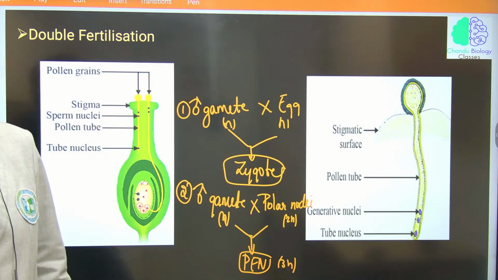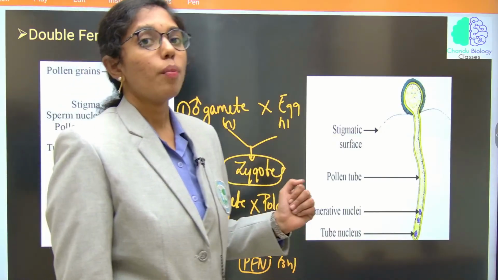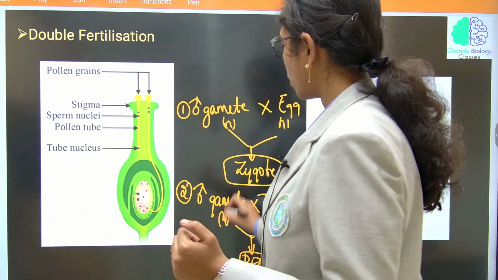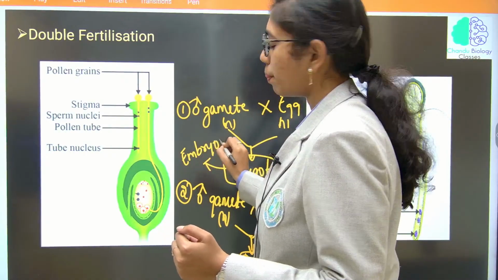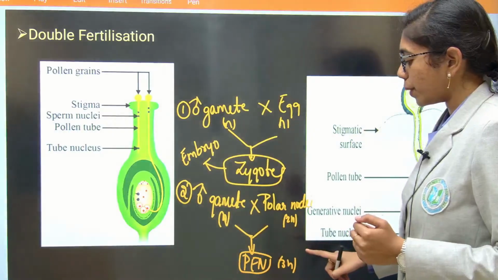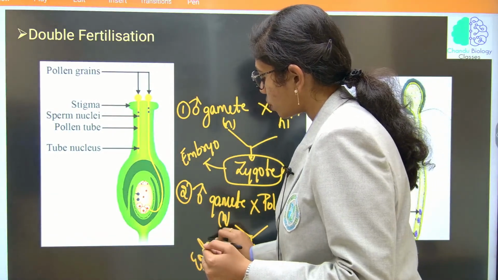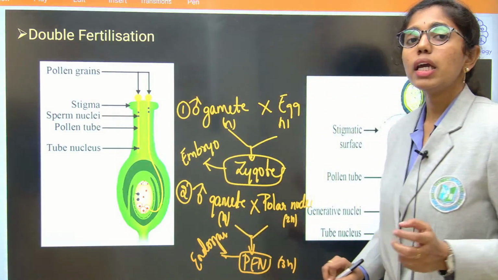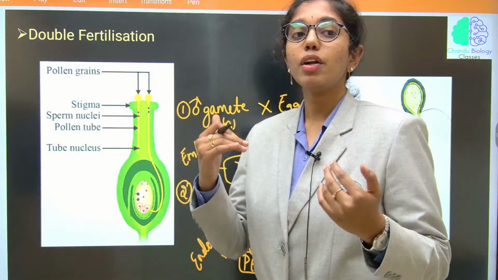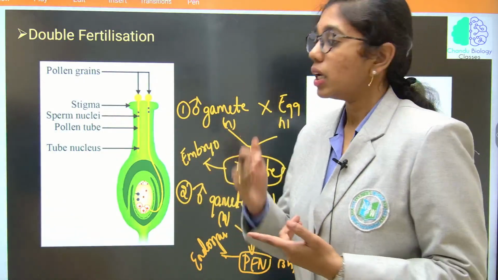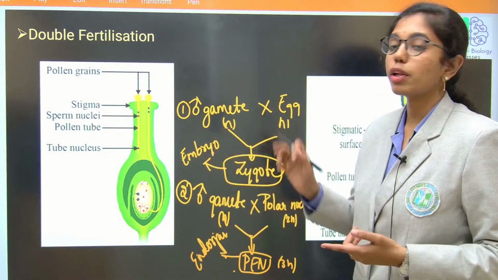Now let us have a glimpse of post-fertilization events. Post-fertilization events include the zygote maturing into the embryo, which is embryo development. The primary endosperm nucleus will develop into the mature endosperm. In most angiosperms, endosperm development precedes embryo development, because the endosperm provides enough nourishment for the embryo to develop.